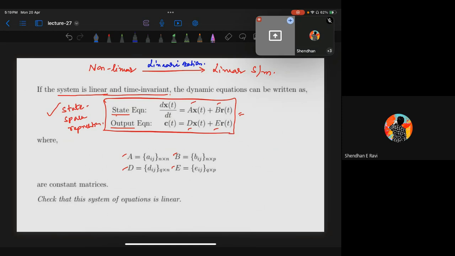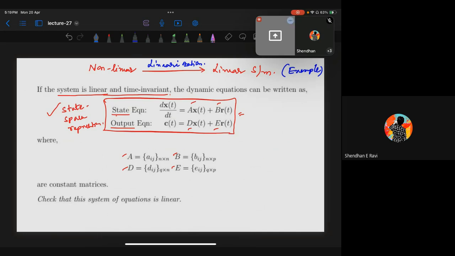In the next live session we are going to solve some examples. As of now, just assume that you already know linearization. Is this clear? First, we will solve one example so that you understand much better what exactly the state is, and how to write the equations, convert them and put them into the state space representation.